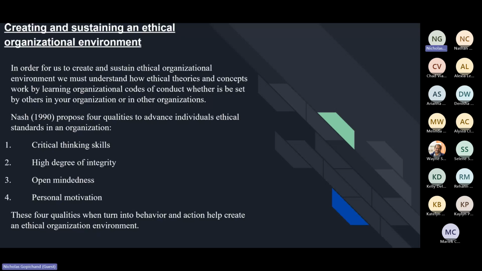Nash 1990 would have also said, when we master these 4 qualities, they turn into behavior and actions that would help create the ethical organizational environment. One thing to note when practicing good ethical behavior is you should be prepared to be criticized.